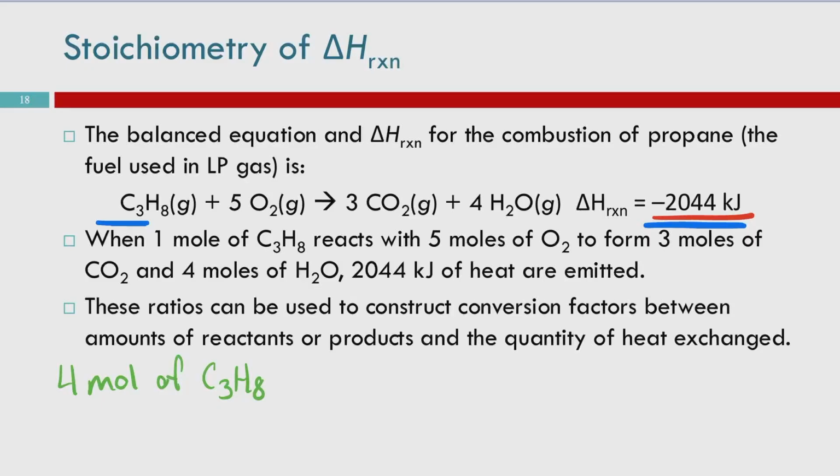What we're looking for in this problem that I've just made up on the fly is an amount of heat that's going to be released. Which of those two numbers that's underlined in blue do we want to be on the top? Kilojoules. So minus 2,044 kilojoules over 1 mole C3H8.